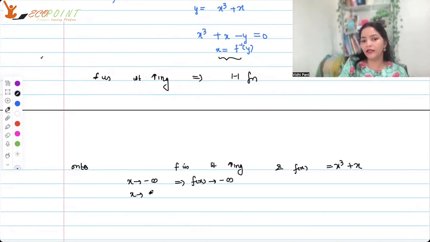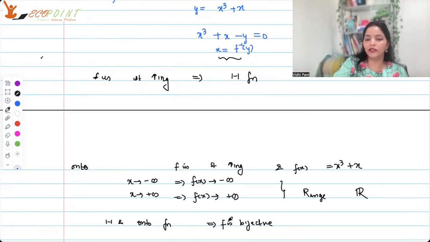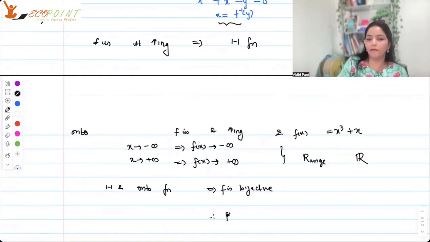And when x tends to plus infinity, f(x) tends to plus infinity. Therefore, the range of this function is R. Entire R can be generated, which means this is a one-to-one and onto function. So f is bijective. Therefore, f inverse x exists.